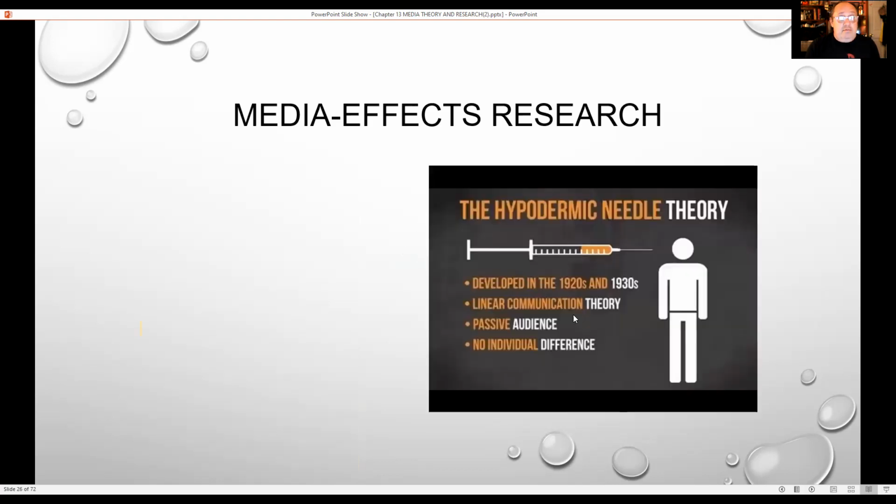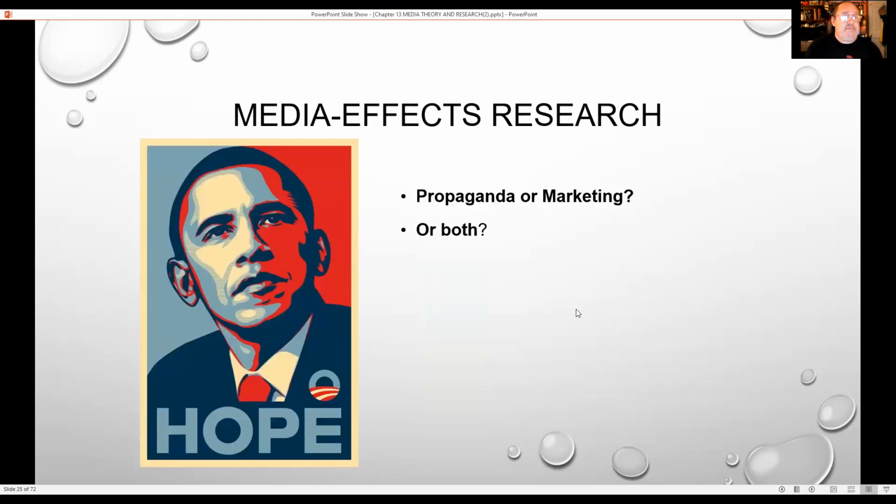Or both? Now, if we were in class, we'd discuss it. Frankly, I think it was mostly marketing. It's a campaign poster that really has really influenced. What's the name of the guy that did this?